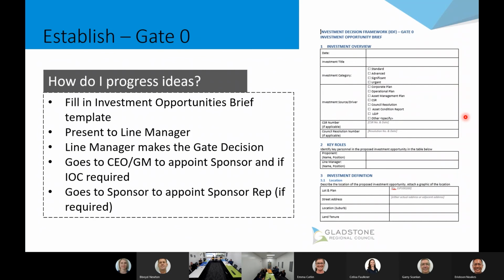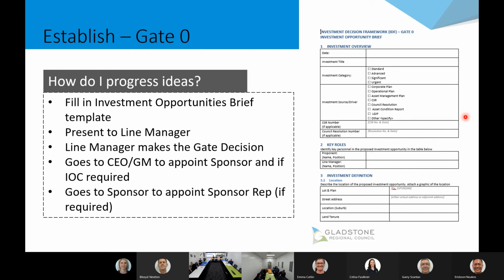Once the decision's made to proceed, it'll go to either the CEO or the GM, based on the category of project and that delegation, to get a sponsor appointed, and also document if the IOC is required.